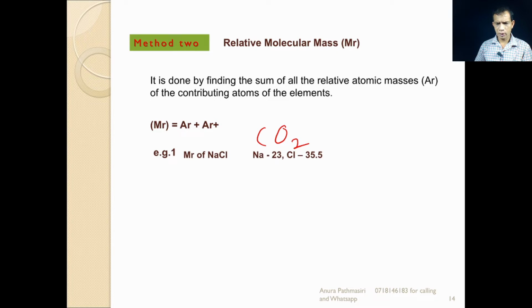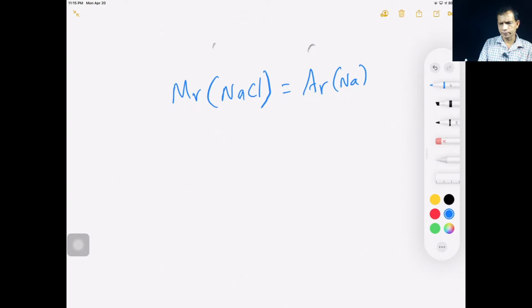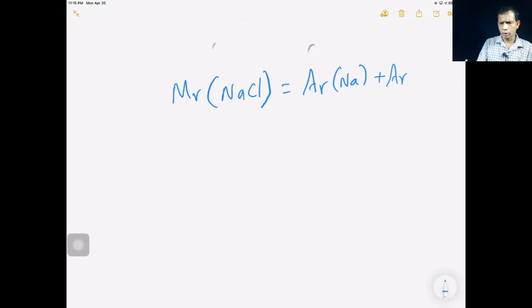Example, sodium chloride. How can we get the relative molecular mass of sodium chloride in the shorter method? As you can see, it is done like this. Mr of sodium chloride is equal to relative atomic mass of sodium plus Ar of chlorine.